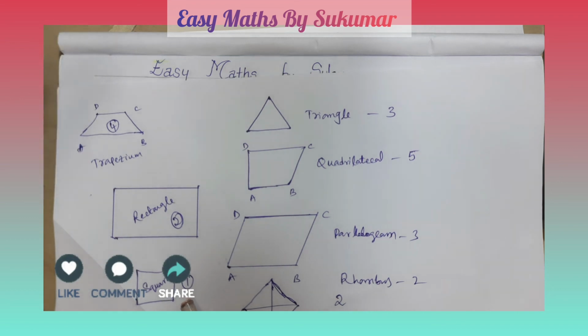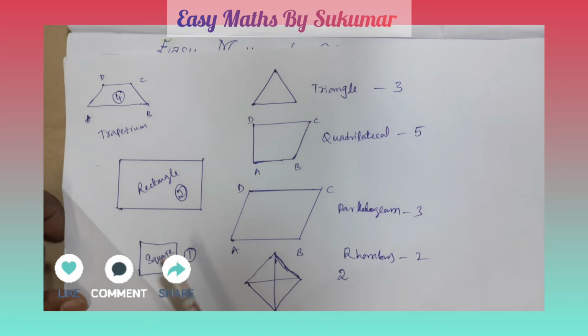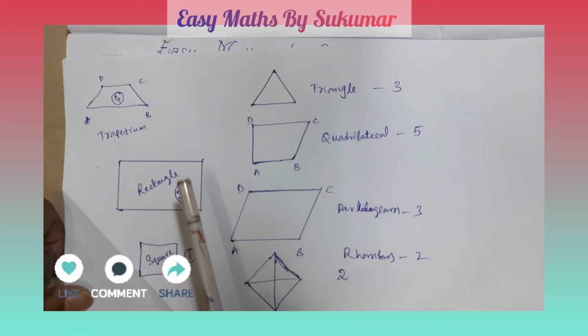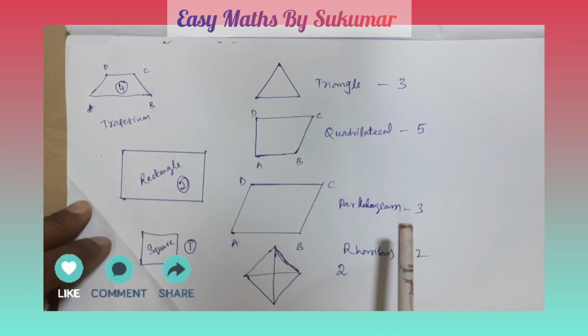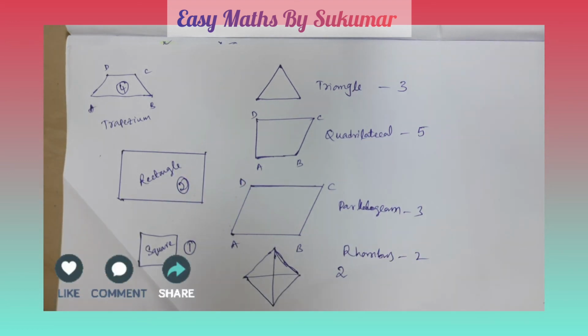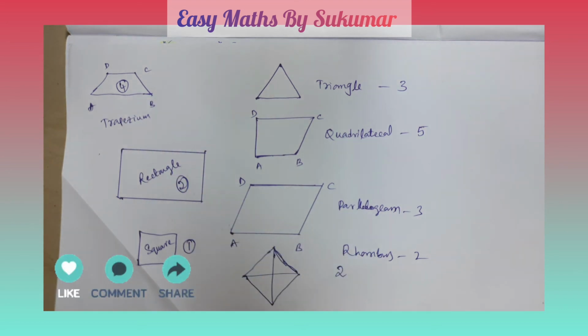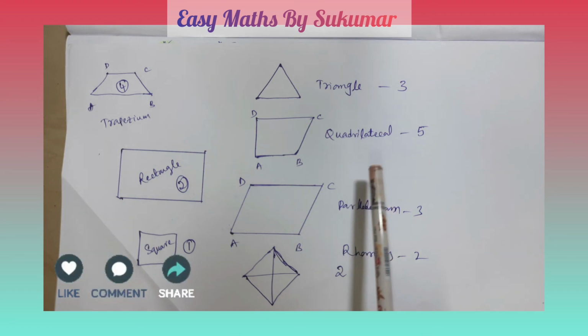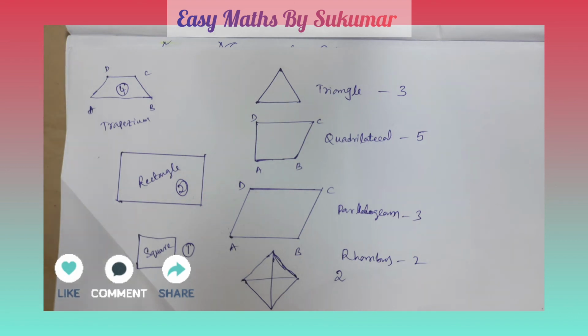So one for a square, two for a rectangle, three for a parallelogram, two for a rhombus, four for a trapezium, and for a quadrilateral, 5.